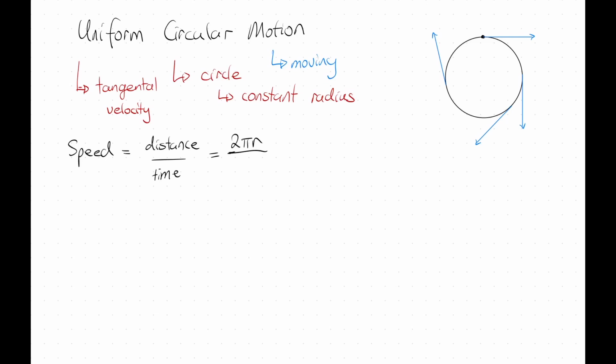What's the time that it's going to travel? Well, that depends on how much of the circle it travels, right? So if we say it's going to complete one complete revolution, we say that it completes its period. T is the period, and this is the time taken for one complete cycle.